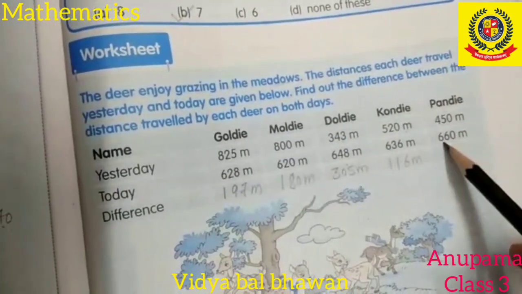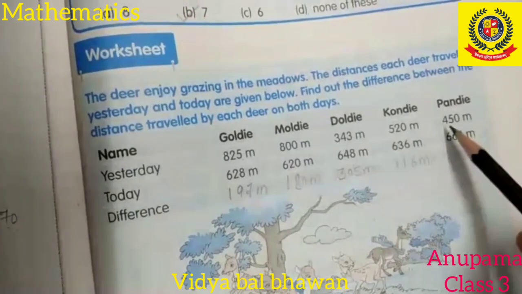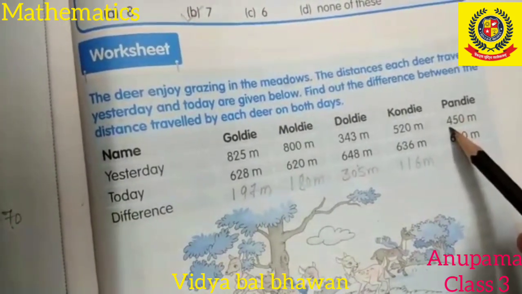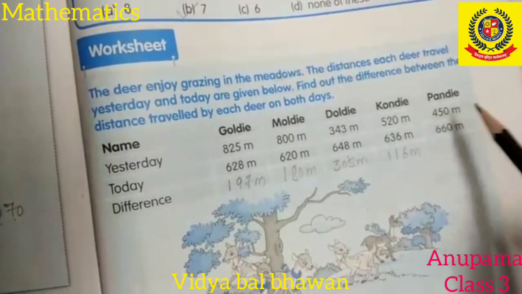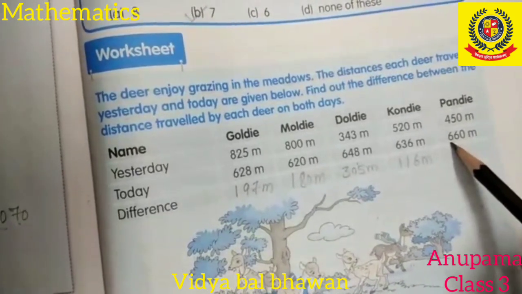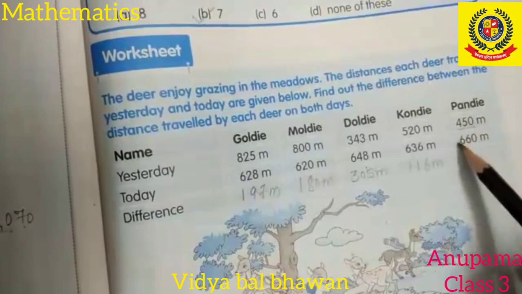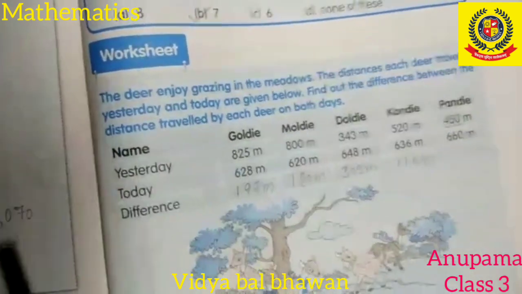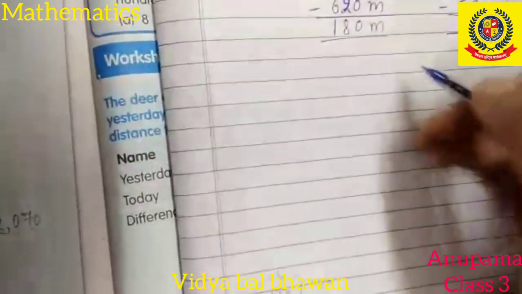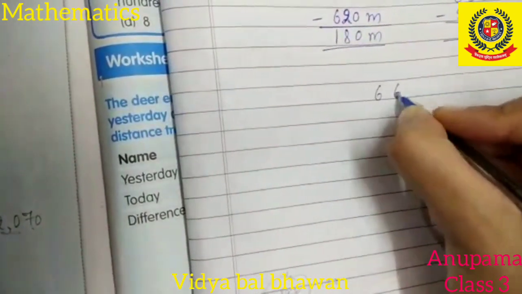Now we have to calculate the difference of Pandi. Yesterday Pandi covered 450 meters and today 660 meters. Now we will subtract 450 from 660. Okay.